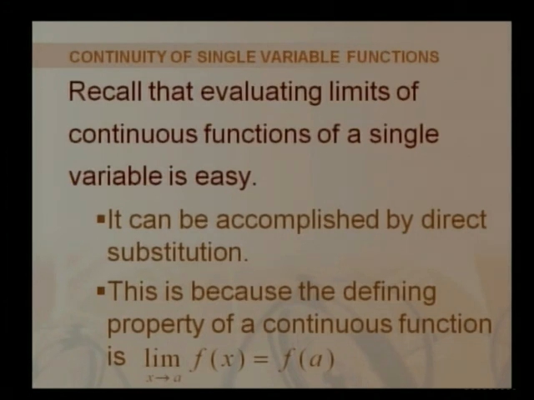In a limit we get limit x tends to a of f of x is equal to L. But when the function is continuous, we just substitute the value of x as a. So if function f is continuous at the point x equal to a, then the limit of the function f of x, x tends to a, is f of a.